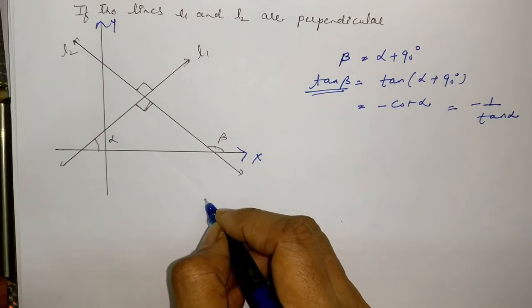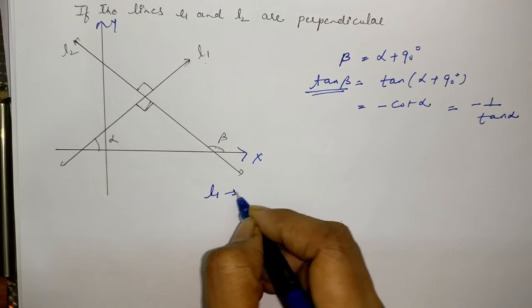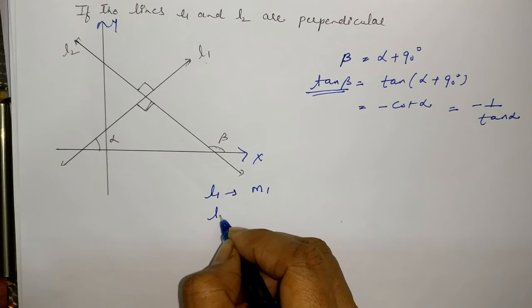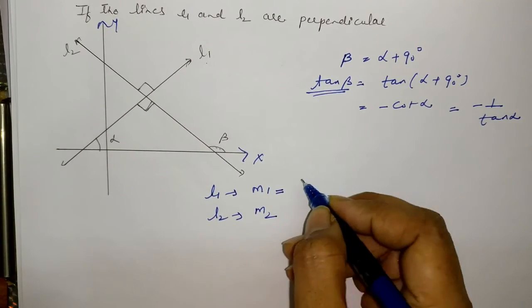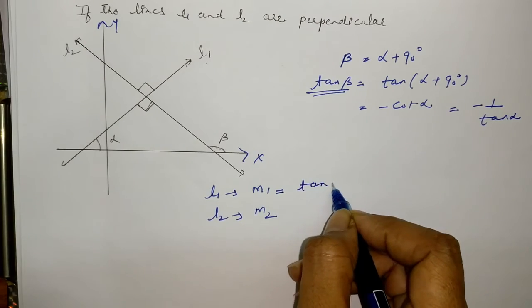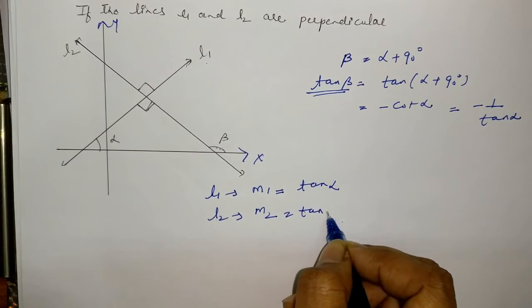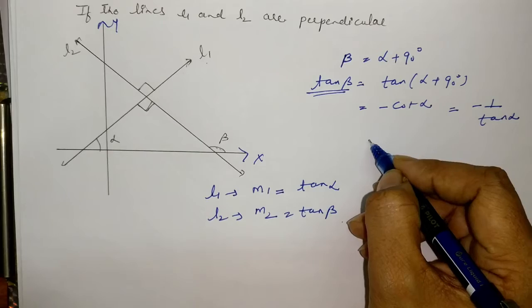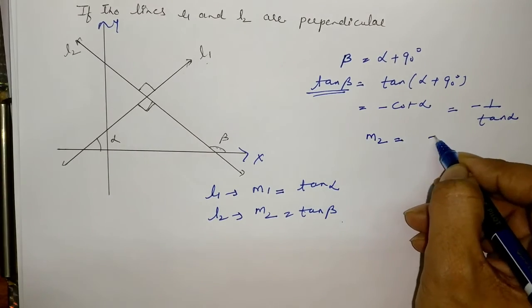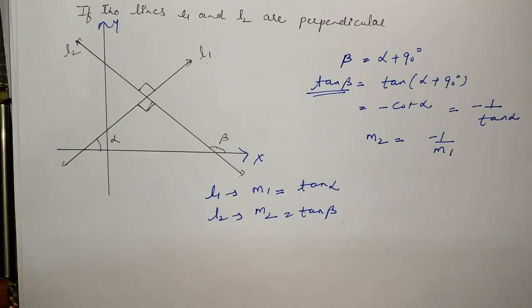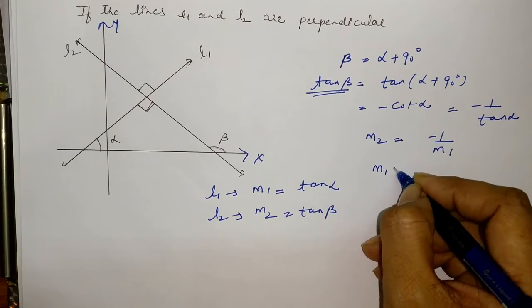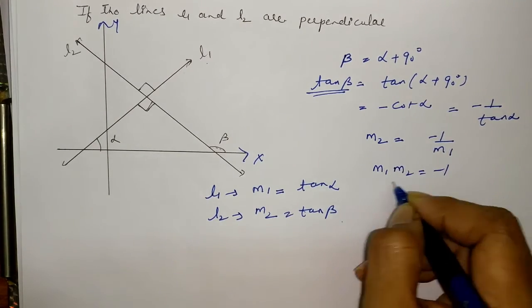So we'll take that for L1 the slope of the line is m1, and for L2 the slope of the line is m2. So tan alpha is m1 and tan beta is m2, so m2 is minus 1 upon m1. That is, m1 m2 is equal to -1.